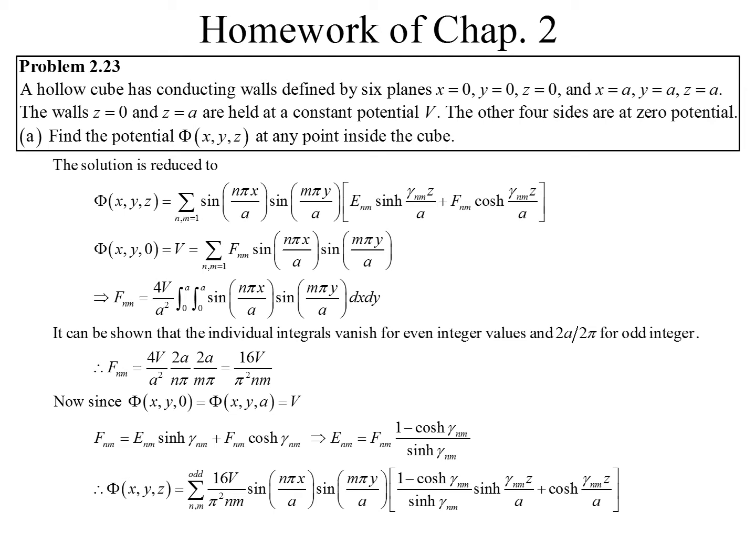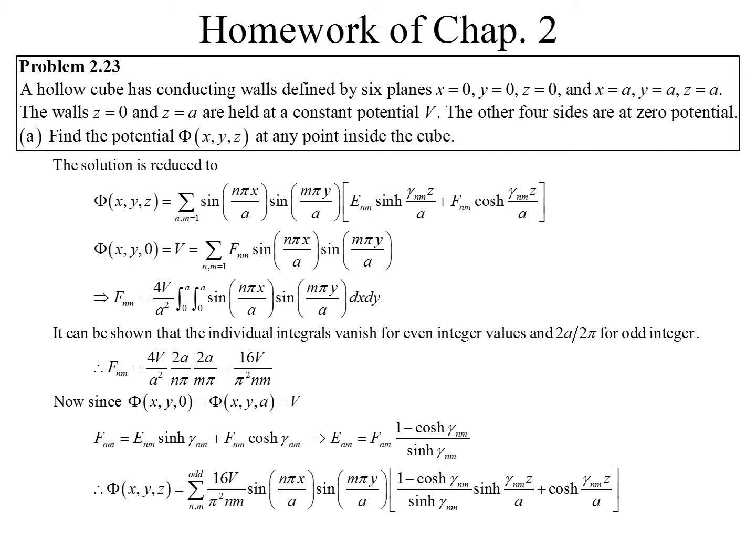The potential at z equals 0 is V, and the sinh term drops to 0. Only the F term survives. Next, you can use the Fourier trick to calculate the F series.